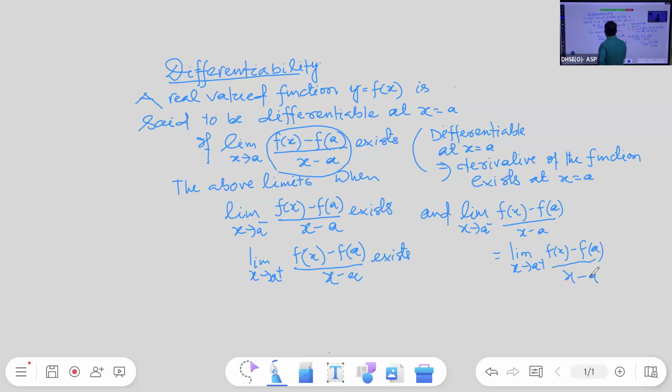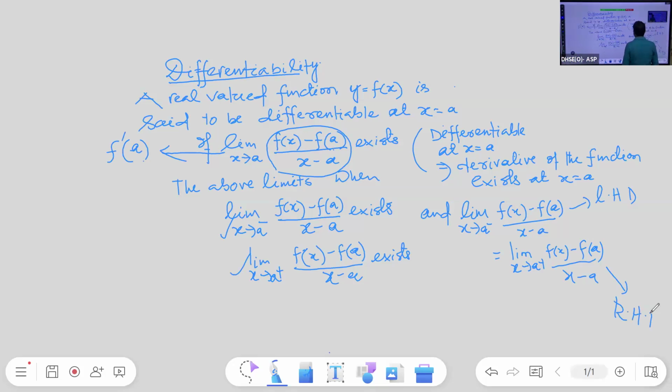If both the limits, left hand limit and right hand limit, exist and they are equal, then we can say that the limit of the function exists. This limit is known as the derivative of the function at x is equal to a. That can be denoted by f dash a. If this limit is the derivative of the function, then this limit will be the left hand derivative, that is LHD, and this limit will be the right hand derivative, that is RHD.